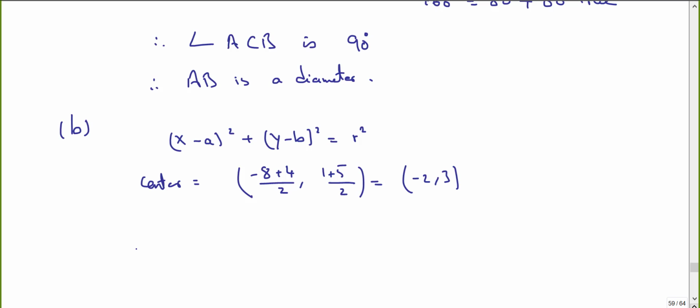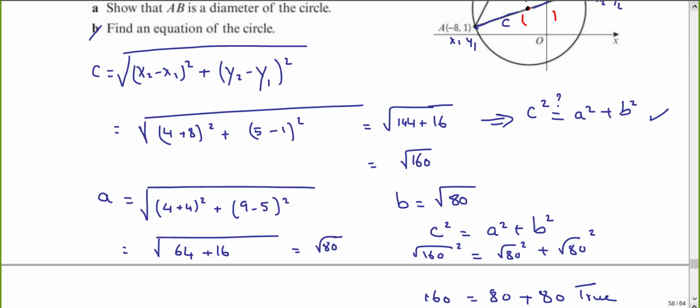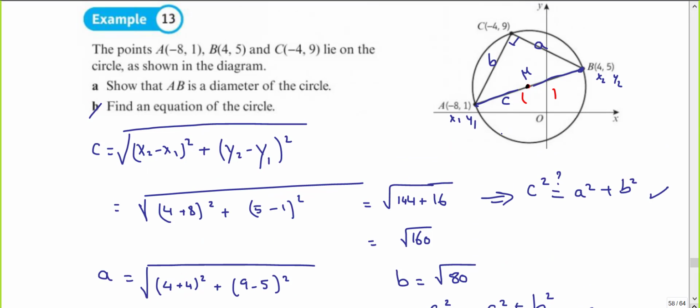To get the radius is distance. When I say find the radius, I'm saying find the distance. What's the radius here? It's the distance from the midpoint to point B or to point A. This is the radius. From capital M to A, MA, that's a radius. Or MB, that's also a radius.